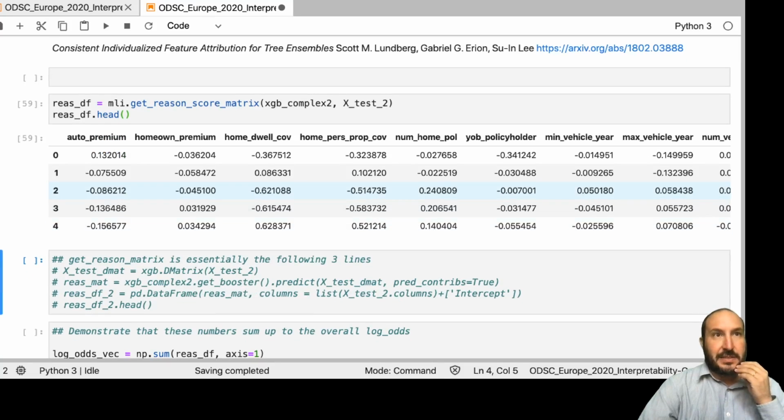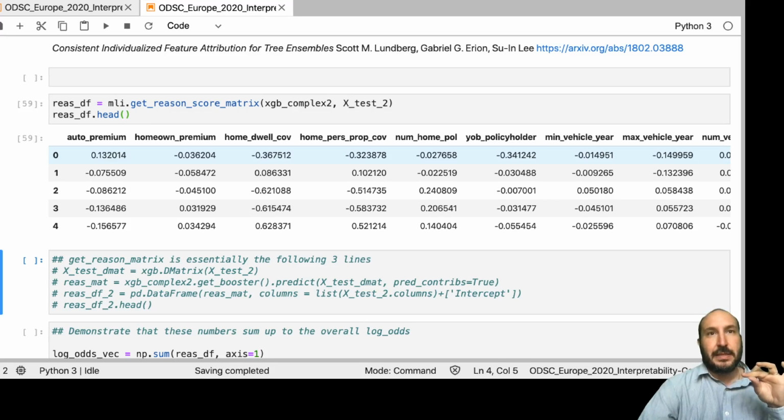what this now does is it says, okay, each row is a particular data point in my test set. For this particular data point, when I learned their auto premium, that made me think they were more likely to buy an auto policy. Their homeowner's premium made me a little bit less likely to buy it.